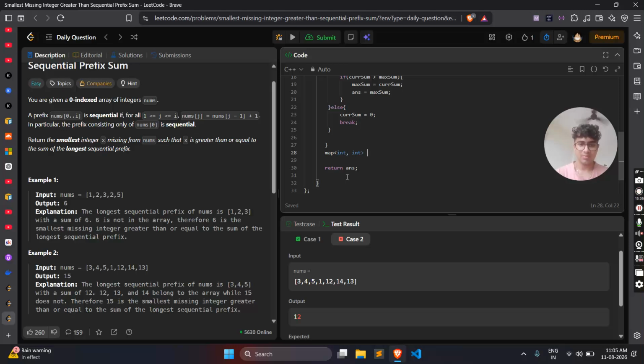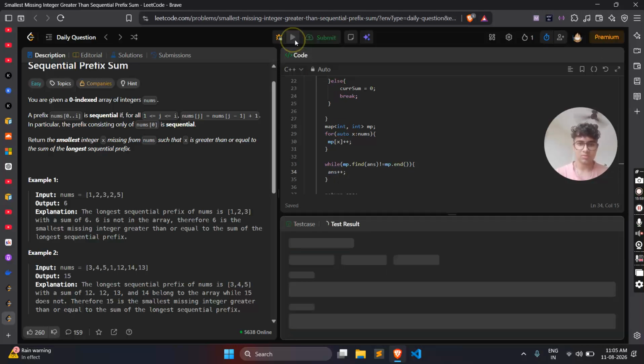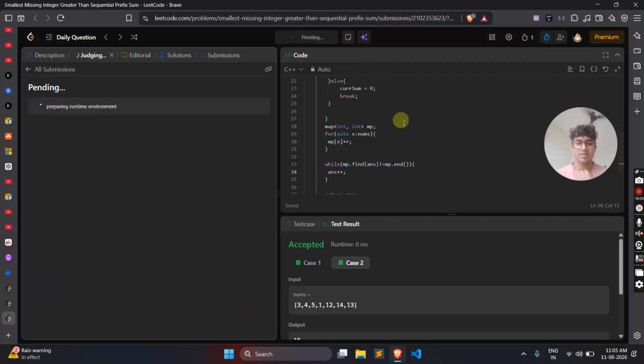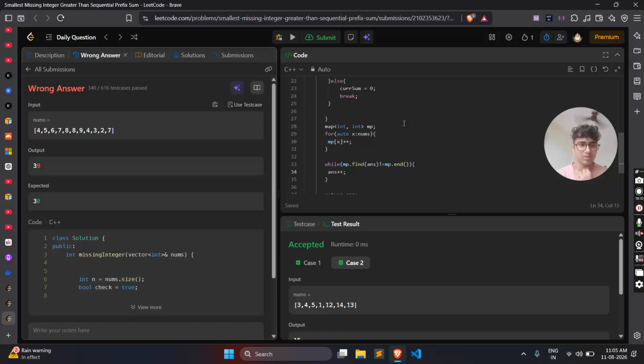Let me create a map. mp[x] plus plus, while mp.find(x) not equals to mp.end(), x plus plus. Okay, now let me submit and check it. There must be an easier way.